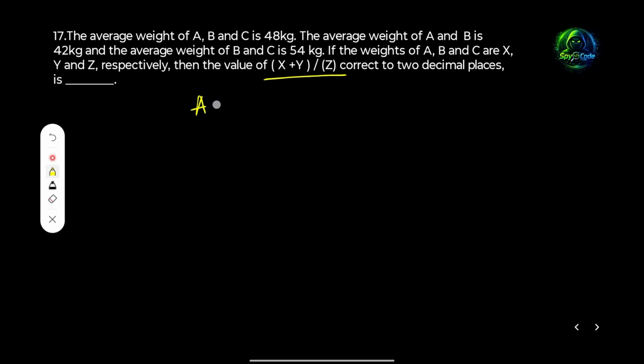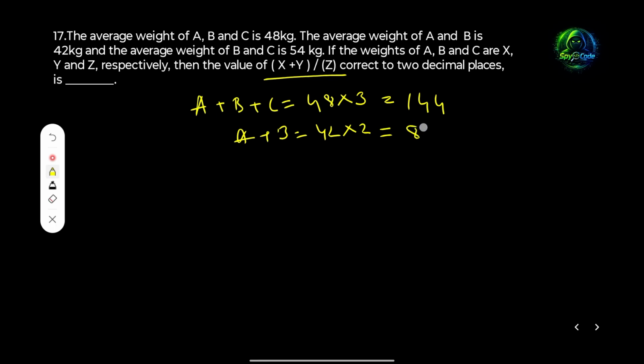A plus B plus C. The sum is 48 into 3, which is equal to 144. And A plus B is 42 kgs. So A plus B is 42 into 2, which is 84. This is the sum.